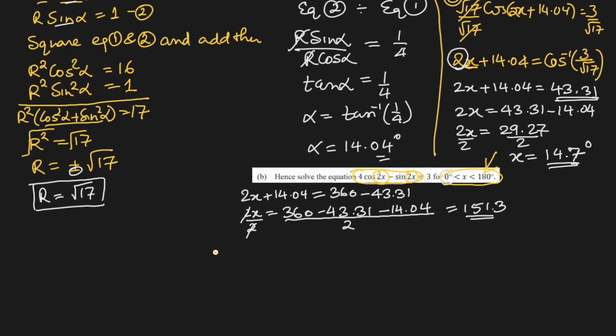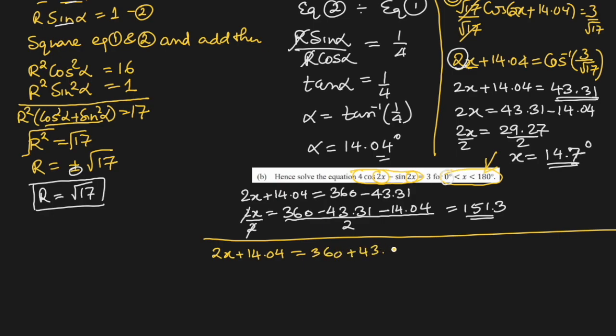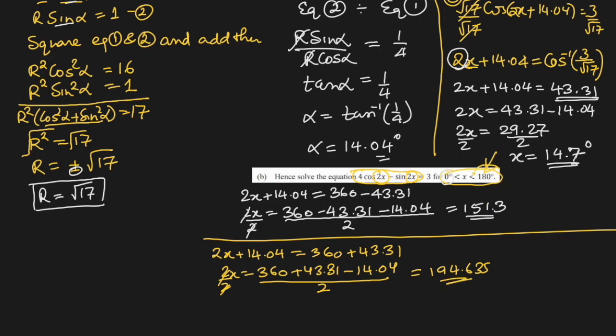The next answer will be 2x plus 14.04 equal to 360 plus 43.31. So 2x equal to 360 plus 43.31 minus 14.04, and divide by 2 both sides again, which comes out to be 194.635, much more than 180. So no, this was not needed. These two are the only answers.